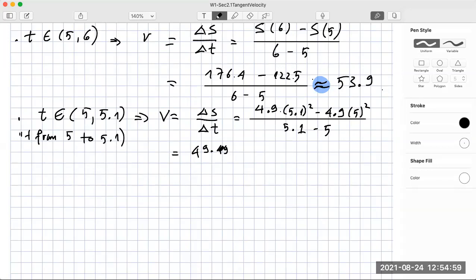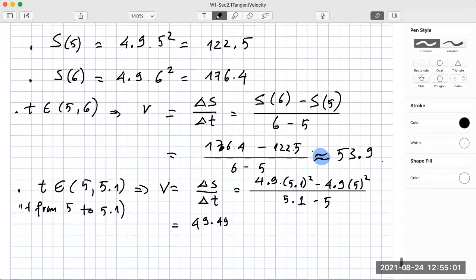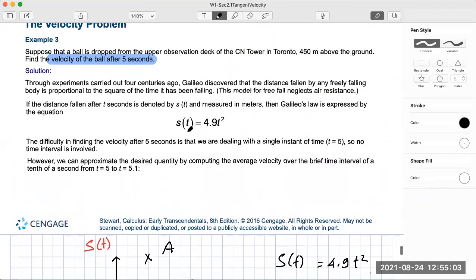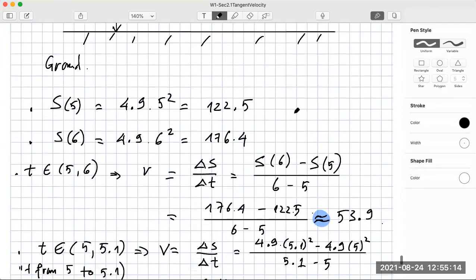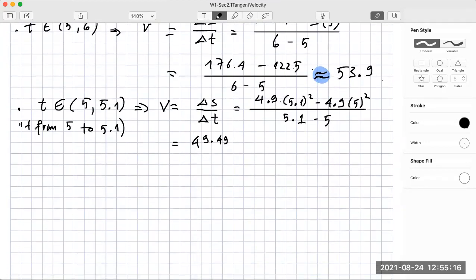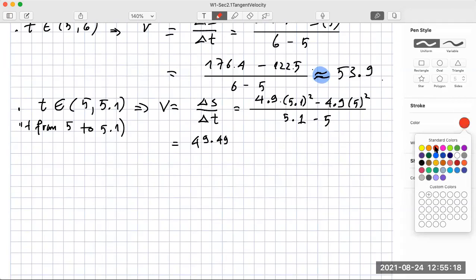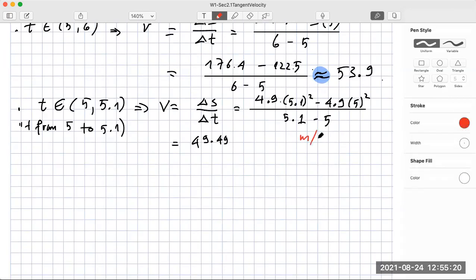The unit? Yes. So it's a good question as well. Here we're using time in seconds, right? And the distance in meters. Then the unit should be meters per second. Good question. Very good.